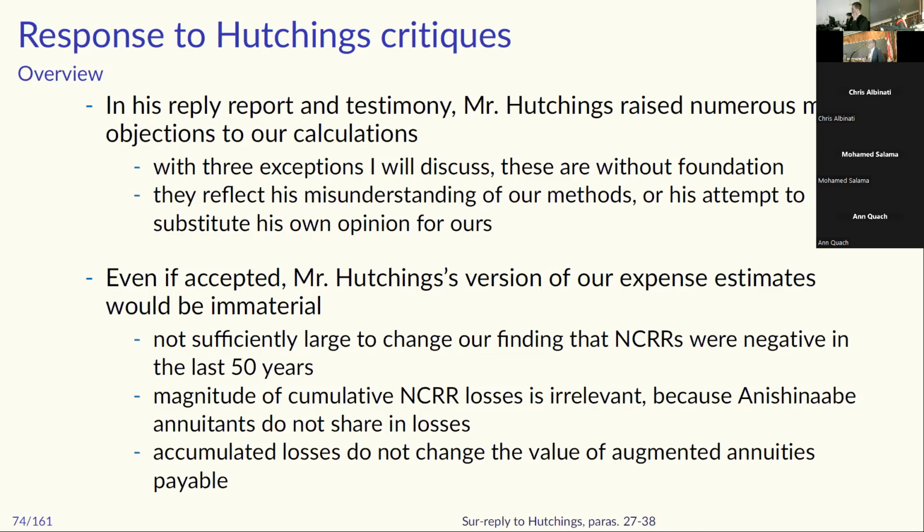And so they wouldn't change the present value of the augmented annuities. It's just, in that sense, irrelevant to this court to know whether the Crown lost a lot or only a medium amount on NCRs. In either case, the augmented annuities would have been paid, and they would have been paid in precisely the same amount.